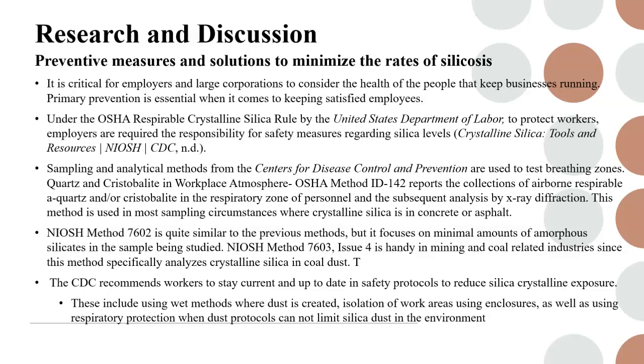It's quite similar to the previous methods like method ID 142. They all focus on certain aspects, some heavier than others, but they all contribute to the preventive measures that we need to take in order to minimize the rates of silicosis.